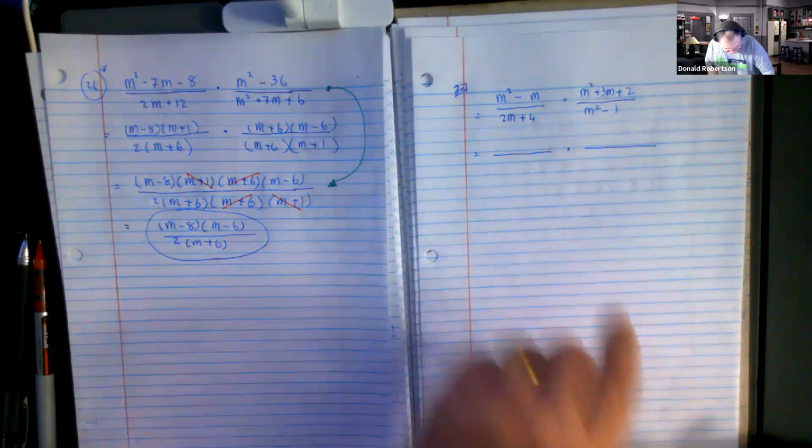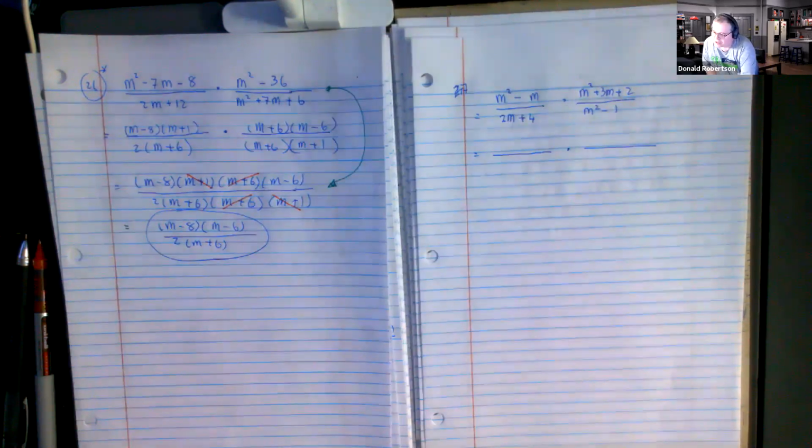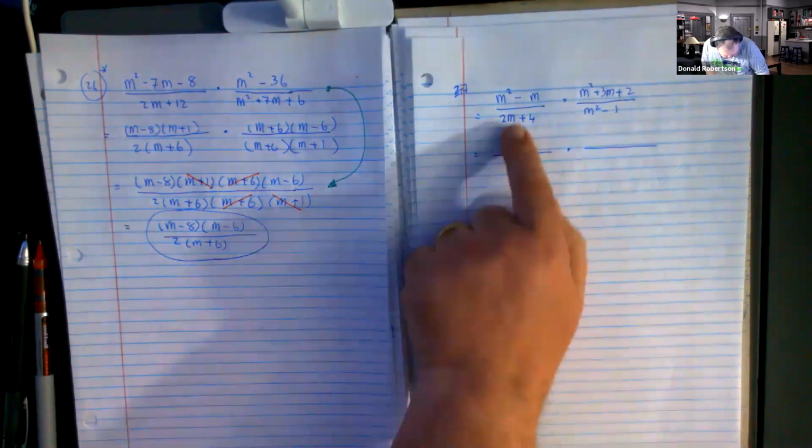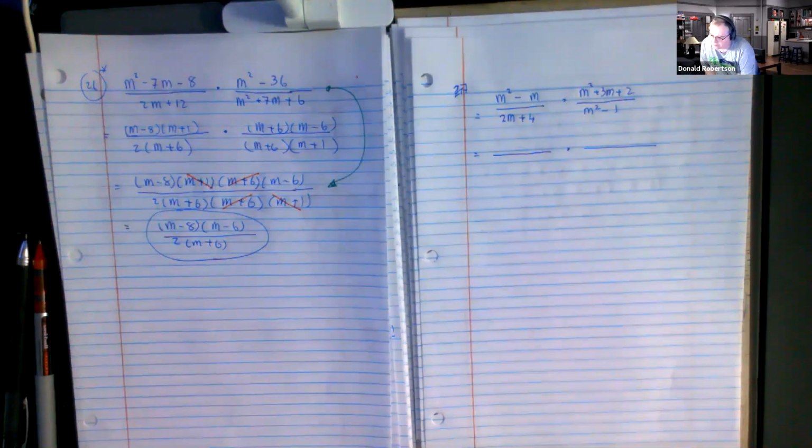So I'm going to take each one of these and we're going to factor them, right? If they can be factored, I guess. Okay. Can you do anything with m squared minus m? You can. So what is it?